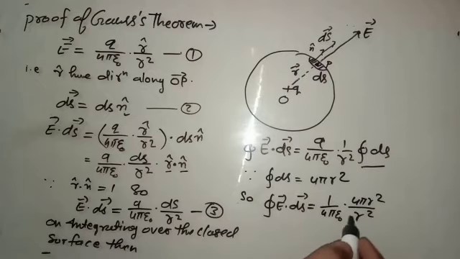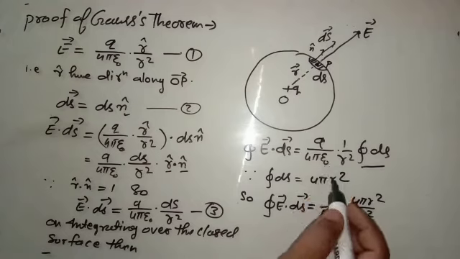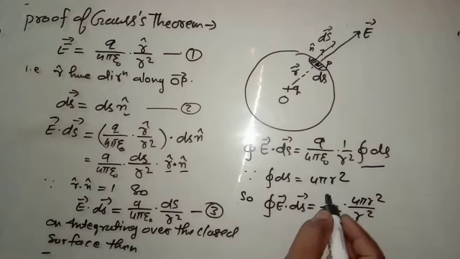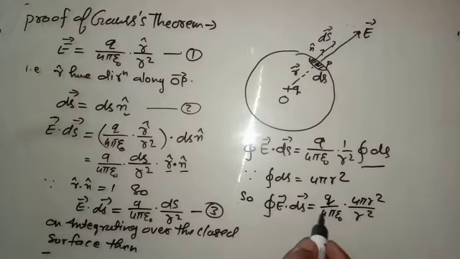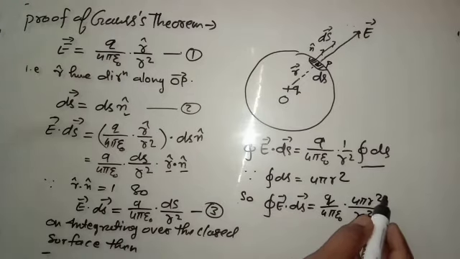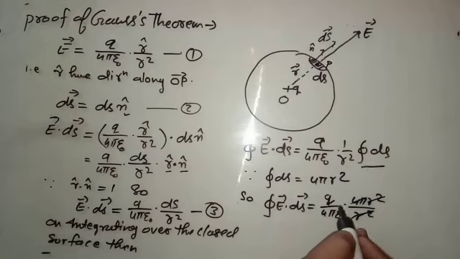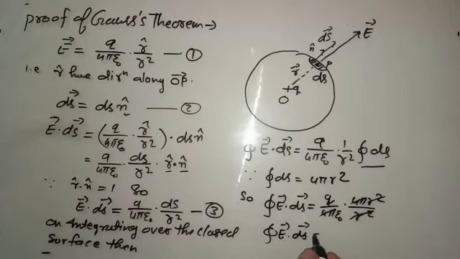So q is left here, q upon 4 pi epsilon naught, and if you cancel the common terms, you have obtained closed integral of vector E dot ds is equal to q upon epsilon naught.